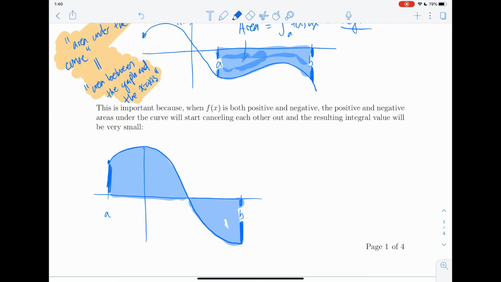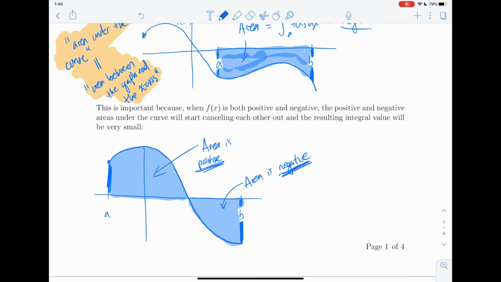But this is where things start to get a little weird, because this area is positive because the function is positive. This area is negative because the function is negative.